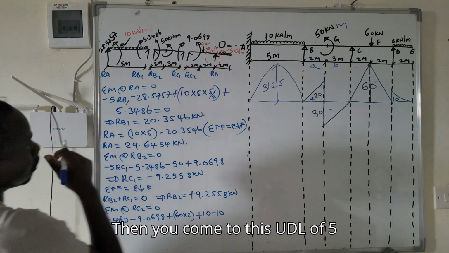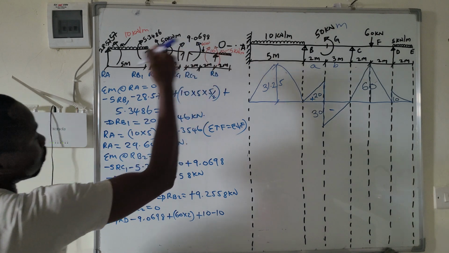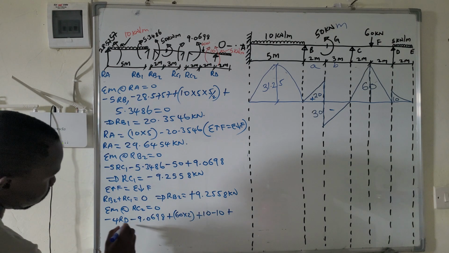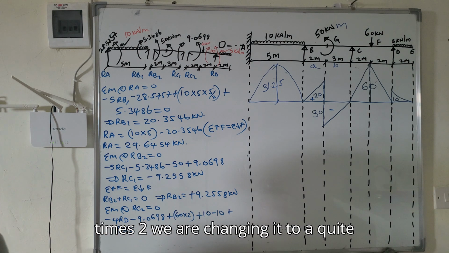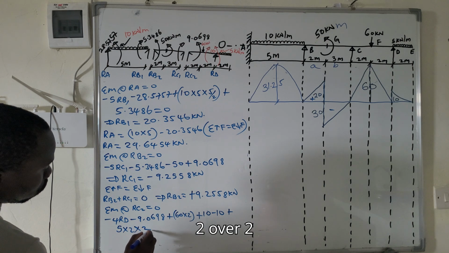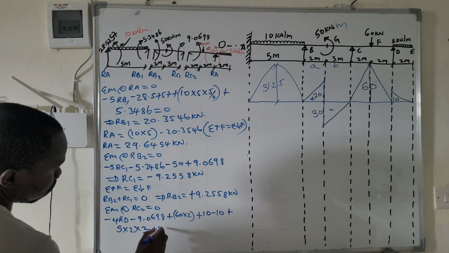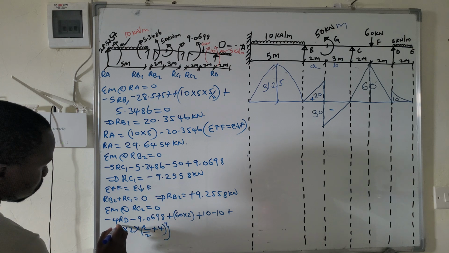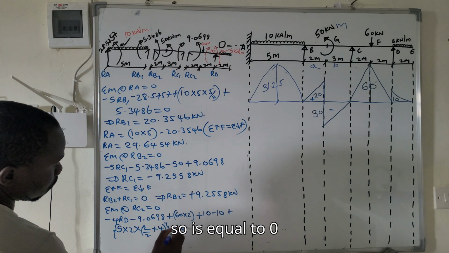Then you come to this UDL of 5 kilonewton per meter, clockwise, so plus 5 times 2. We are changing it to a point load, times 2 over 2, plus 4, is equal to 0.